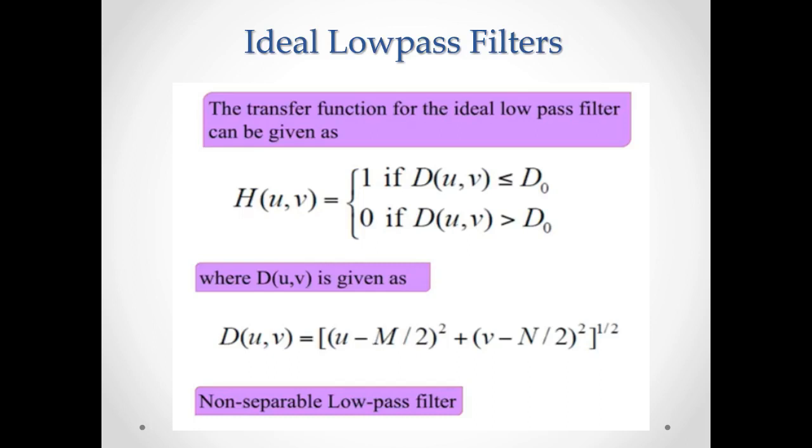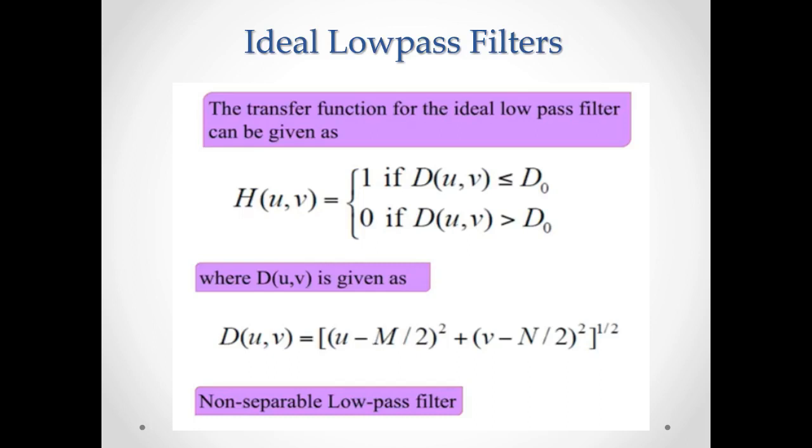The transformation function of the ideal low pass filter can be written as h of u comma v is equal to 1 for d of u comma v less than or equal to d naught, and it will be equal to 0 for d of u comma v greater than d naught.